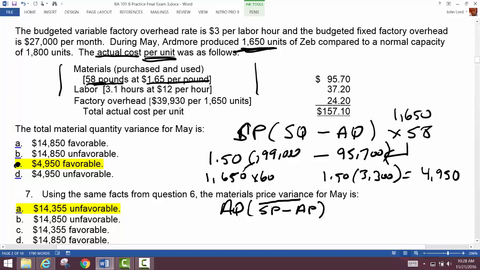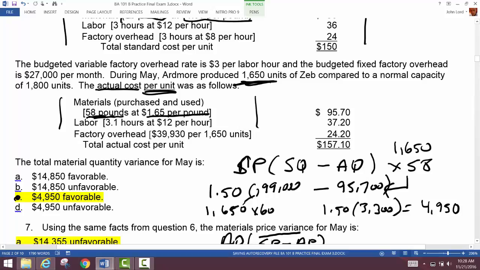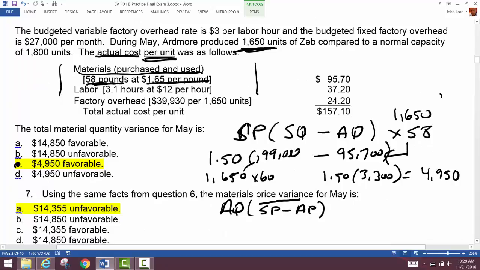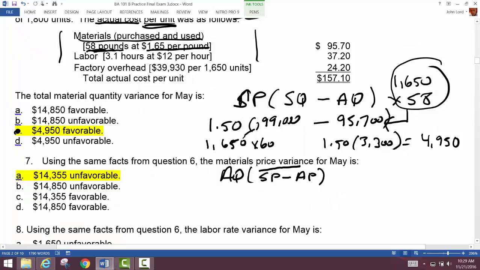Is the actual quantity used or purchased now? Purchased. Of course we're in luck because they tell me materials purchased and used. So they used the 58 pounds times the 1650 units. Same number, 95,700. Everybody see where that number is coming from?